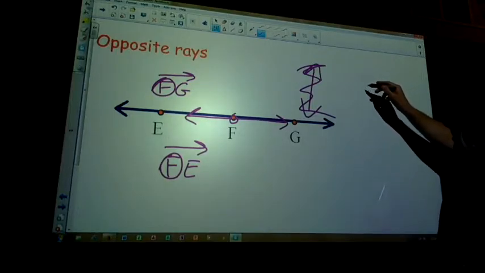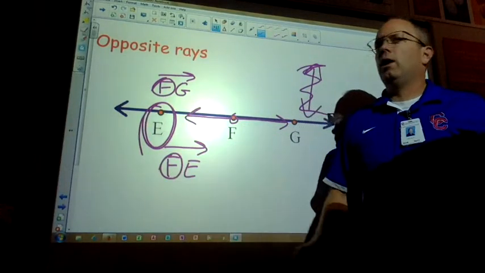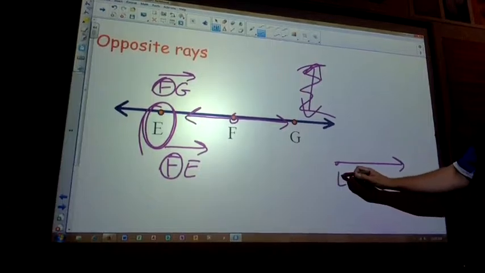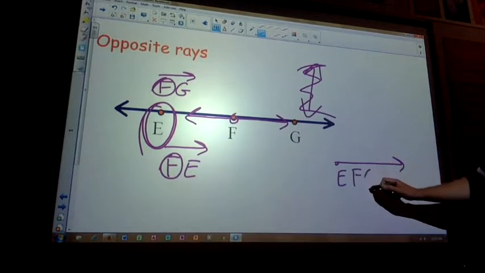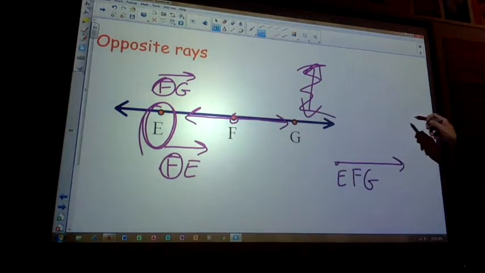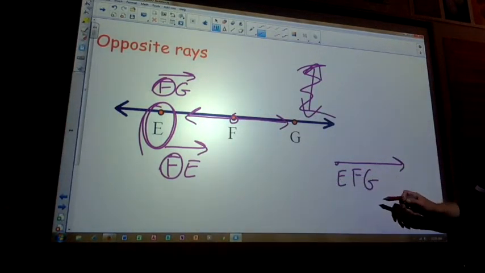But if I'm creating this to be my starting point, could I say E, F, G as a ray? That would mean I'm starting here and going forever this way. I think this is completely appropriate because they're already on the same line. So yes, you could use 3 letters.